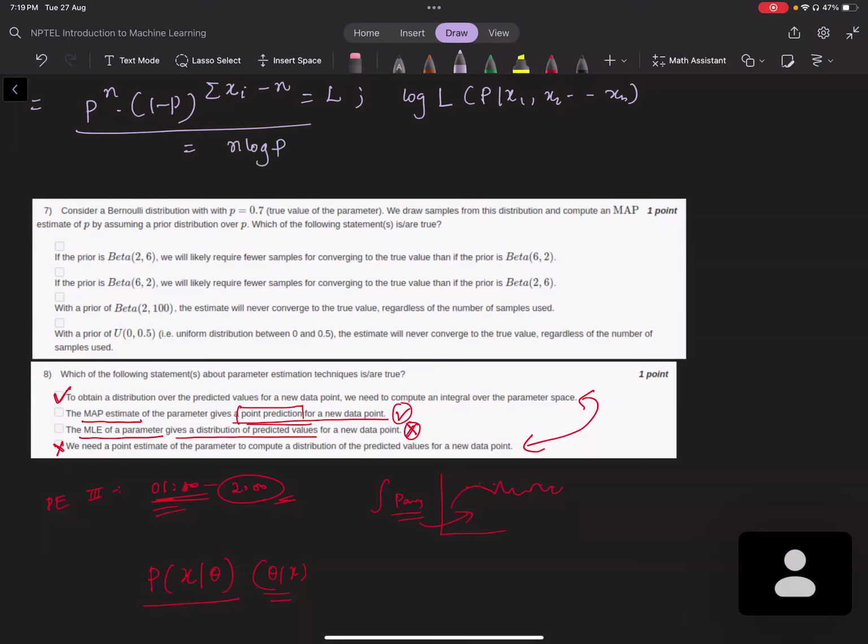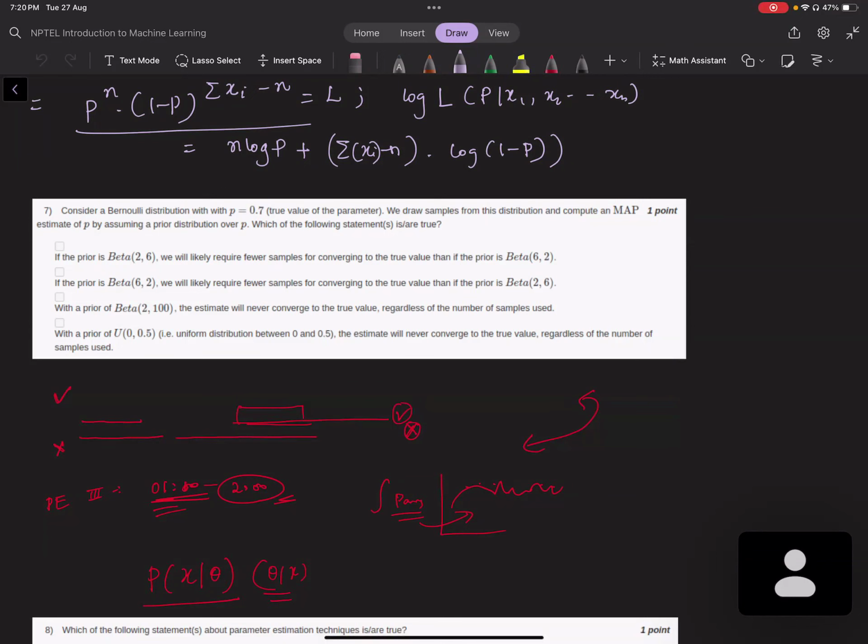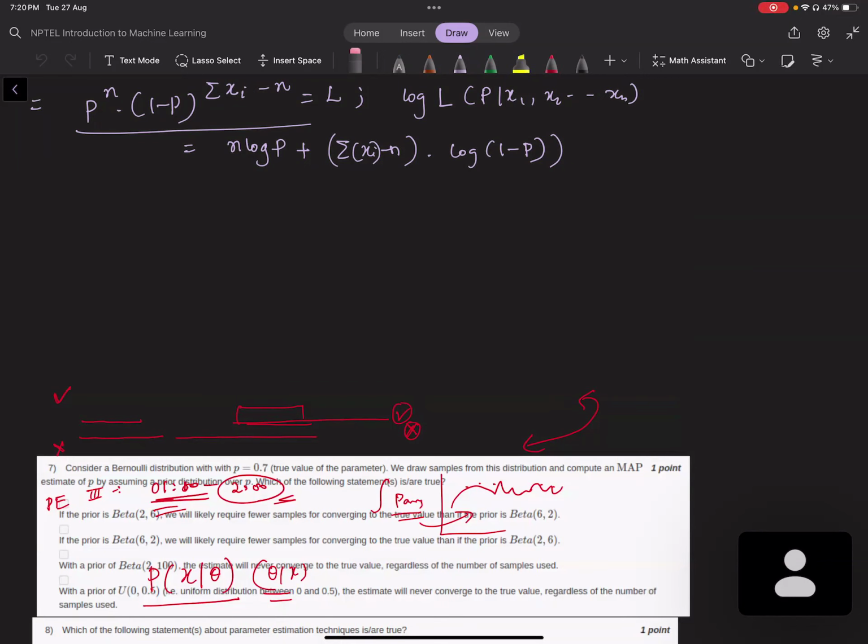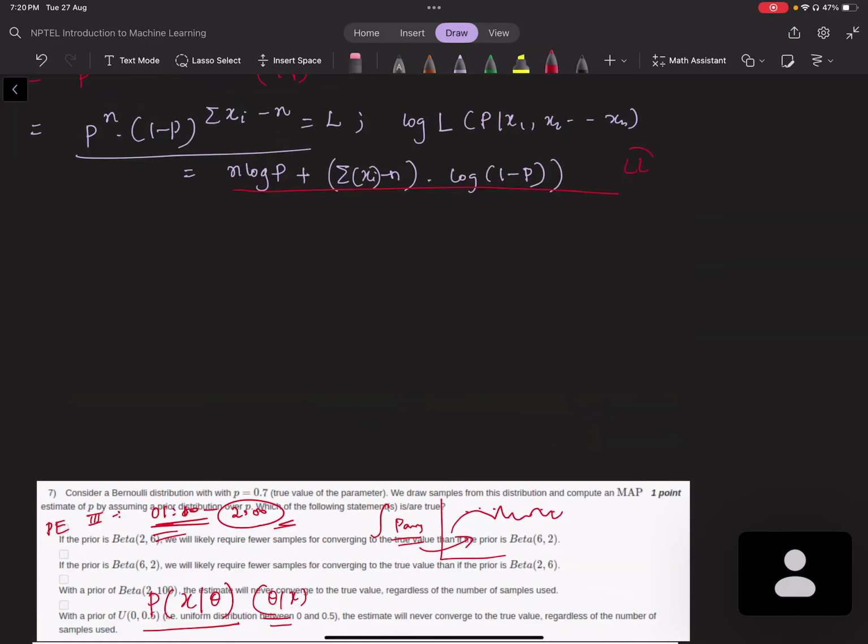So n log P plus summation of xi minus n, into log 1 minus P. This is the log likelihood.